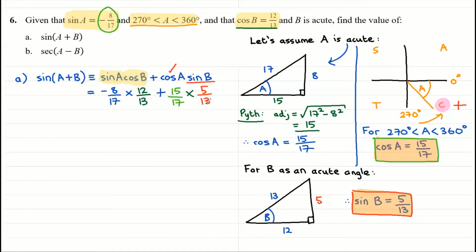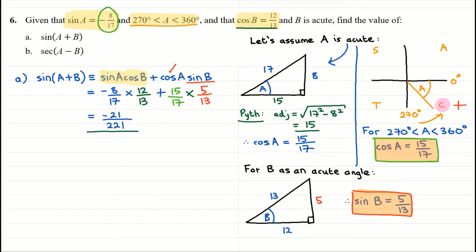Okay, and if you want to, you can just plug all that into your calculator. Which is, if you just check, -21/221. Okay, so that's the first part done. So we've now established what the sine of A plus B is.